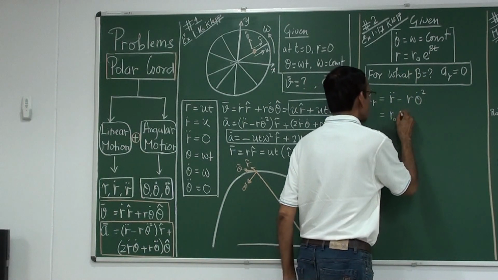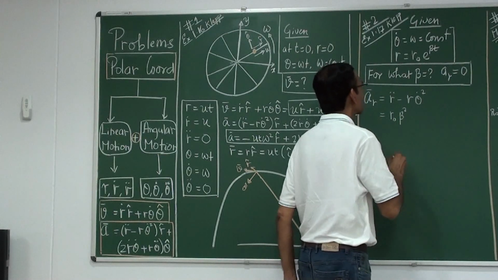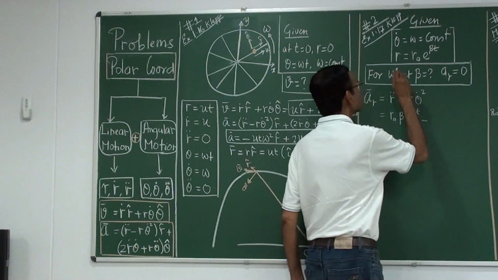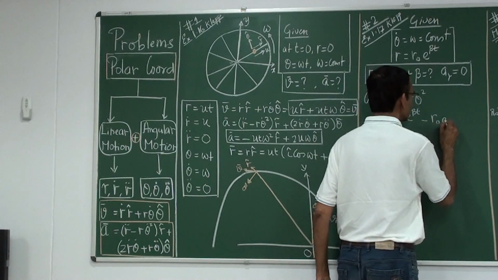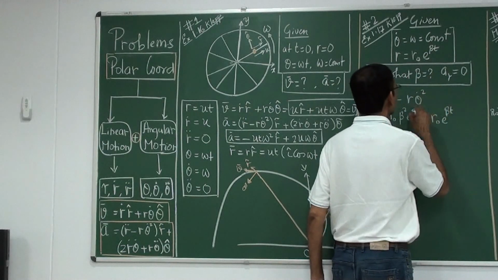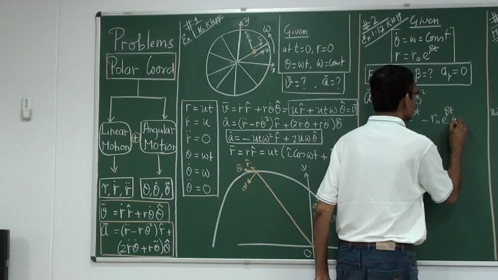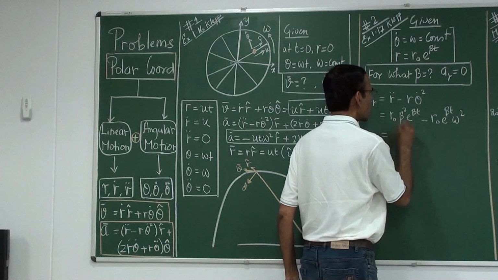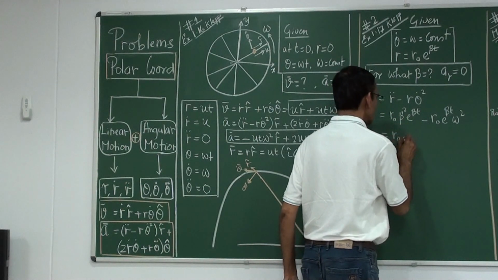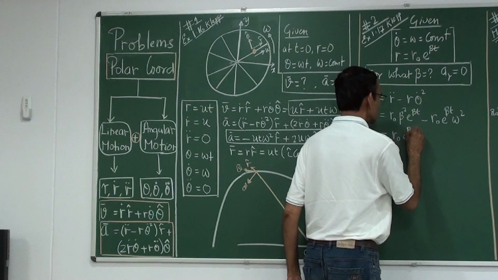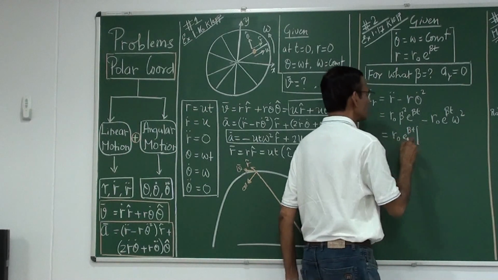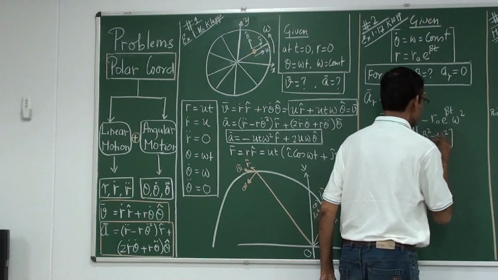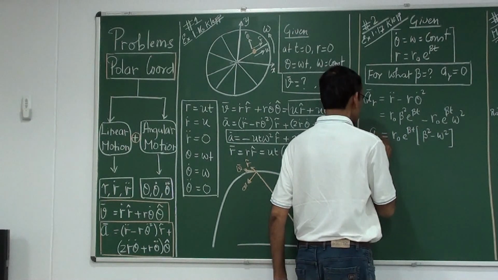So you will get beta square e to the power of beta t, minus r, which is again r0 e to the power of beta t, times theta dot square, that is omega square. So I can take r0 e to the power of beta t common. So you get beta square minus omega square. So this becomes your AR.